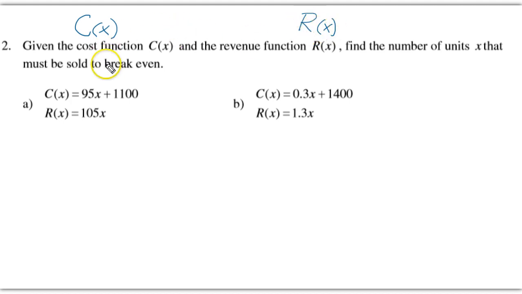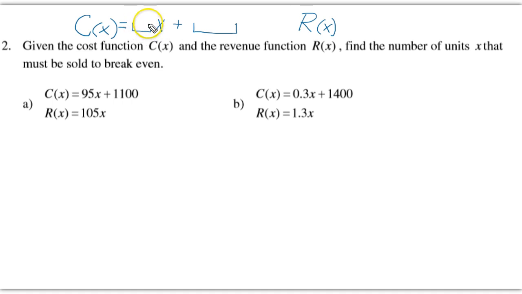Now a little background on this is that when we are making something and want to prepare it for sale, there are certain fixed costs that you might have for equipment and general things that you will need. But then as you produce each item, which we will call X, this will be the number of items we're going to produce, there are some specific cost of materials just for that.